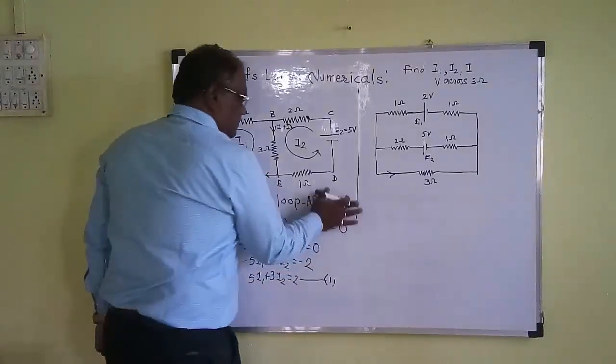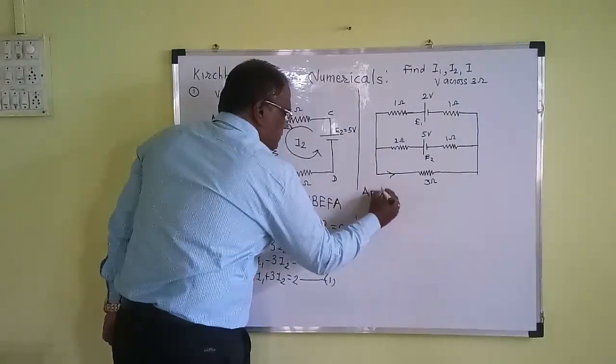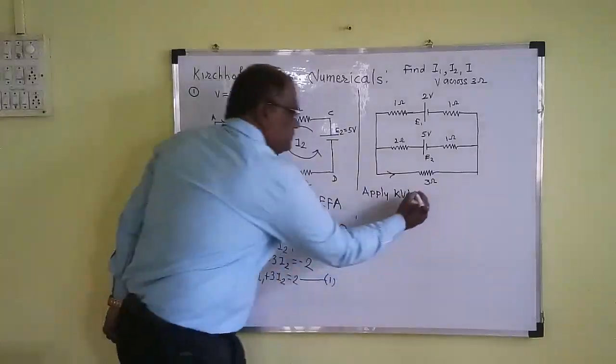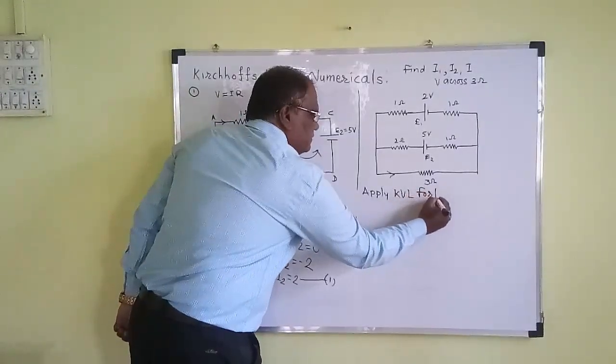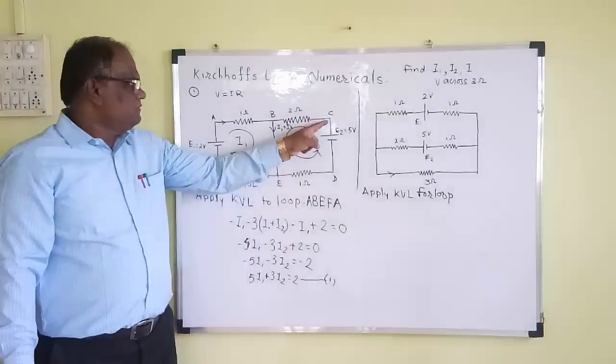Now apply KVL for the next loop. Now choose another loop. Which one?